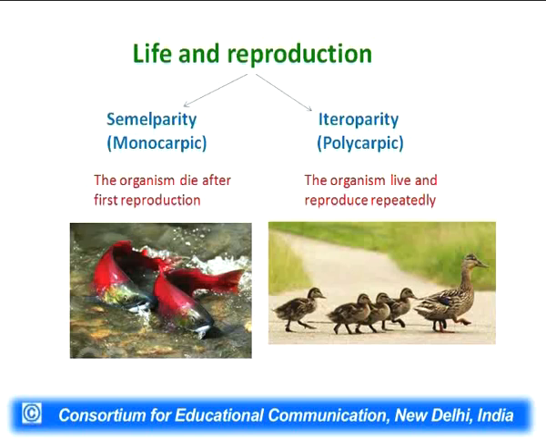This Pacific salmon is a big animal, and there is another one called the wood rat. These Pacific salmon undergo a semelparous kind of reproduction, where they exhaust their complete energy in the first round of reproduction itself.